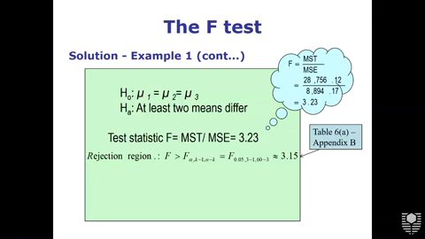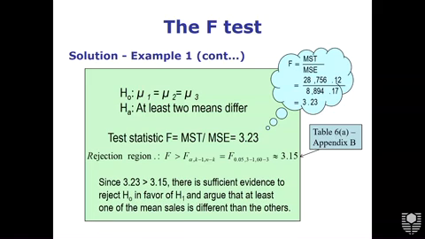So, see guys, that's the critical value. Test statistic, MST, equal to 3.32. For the critical region, go to table 6, guys, and find the value of 3.15 for V1 and V2.